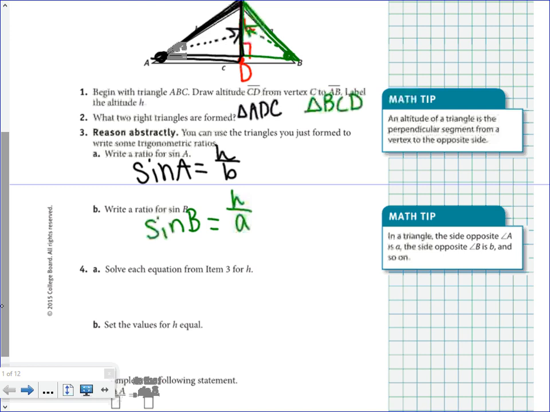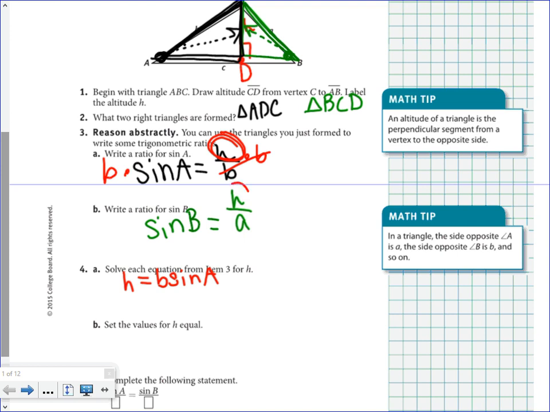Step 4 says, solve each of those equations for H. I'm trying to get just H over here, so I need to multiply by what's in my denominator, the B. Same thing over here, I'm going to multiply by the B. So that gives me H equals B times sine of A, or I can just write B sine of A. You can write the multiplication symbol or not; that's up to you.